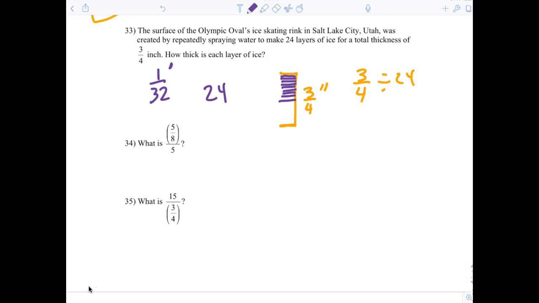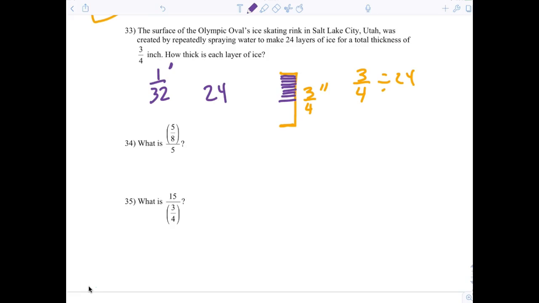Now listen, math has a lot to do with understanding and visualizing. This length right here is 3/4 of an inch. I'm dividing it by what? I'm not taking 24 and dividing it by 3/4. Division has meaning. I am dividing up the 3/4. I am not dividing up the 24.